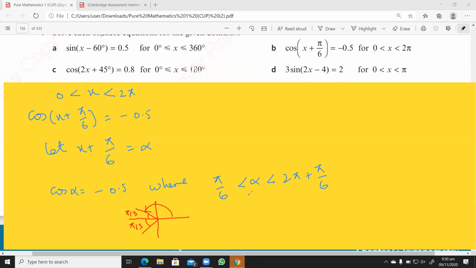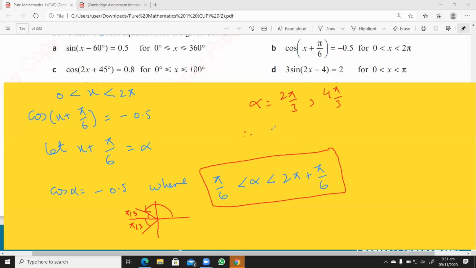Now, when you write this value, remember your values should be within this range. So this is not going to give us any trouble here because we are far away from these two values. So alpha's first value is going to be pi minus pi by 3, which is 2 pi by 3. And the second value is pi plus pi by 3, that is 4 pi by 3.